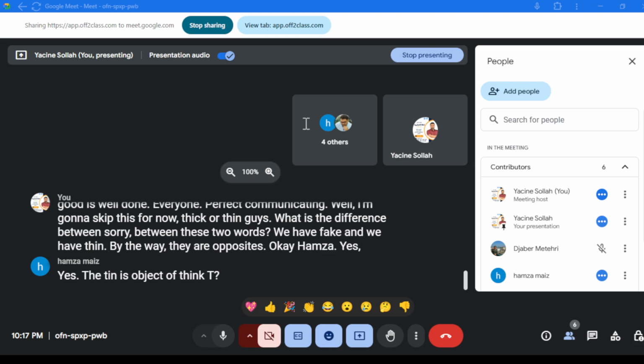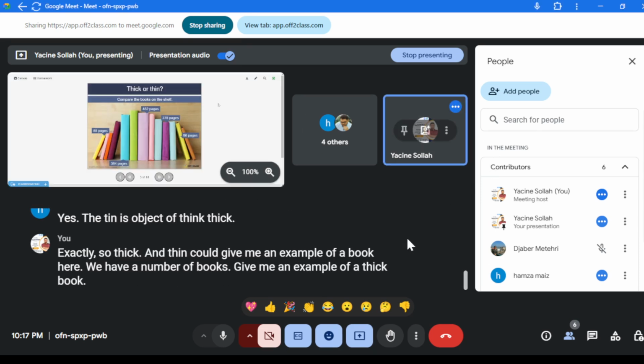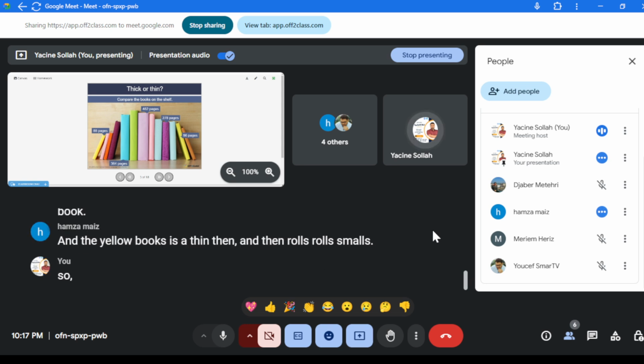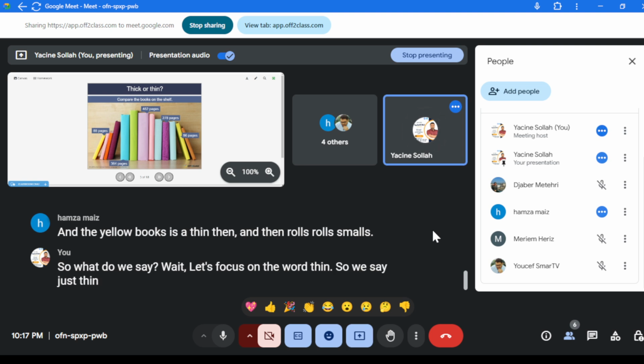So thick and thin. Could you give me an example of a book here? We have a number of books. Give me an example of a thick book. The yellow book is thin than the rose book. So what do we say? Wait, let's focus on the word thin. So we say just thin or we add something?